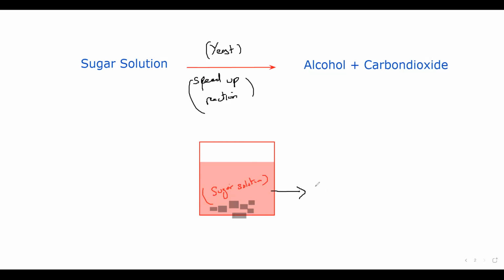But for example, it was working fine when the temperature was 30. But when we supply heat energy and the temperature of the mixture rises to 50 degrees centigrade, we observe that the reaction slows down. So why does the reaction slow down? Because yeast is a biological catalyst.